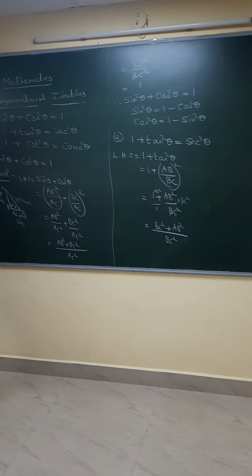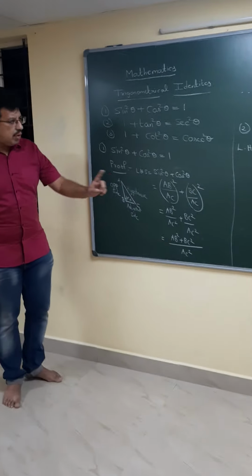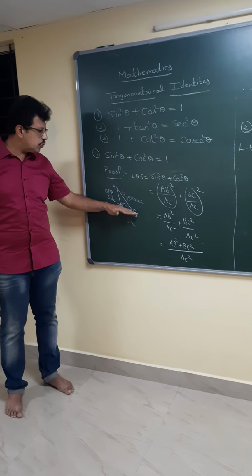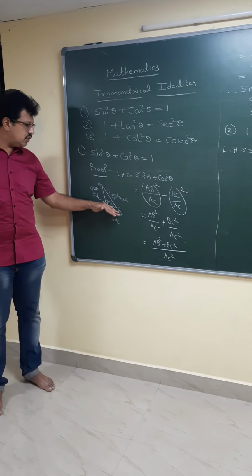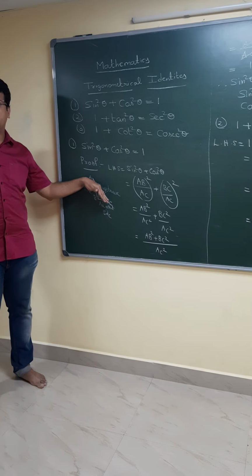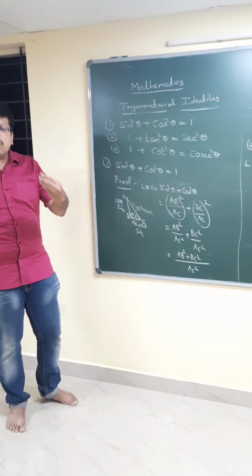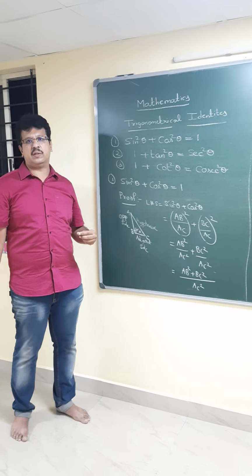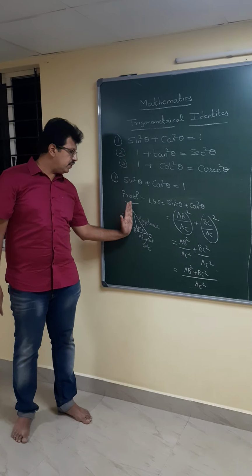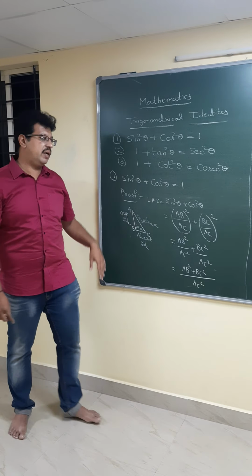So let us come back to this again. All of you should know by this time, BC square plus AB square is AC square, according to Pythagoras theorem. Just now I said to you, according to Pythagoras theorem, no? BC square plus AB square is nothing but what? AC square.